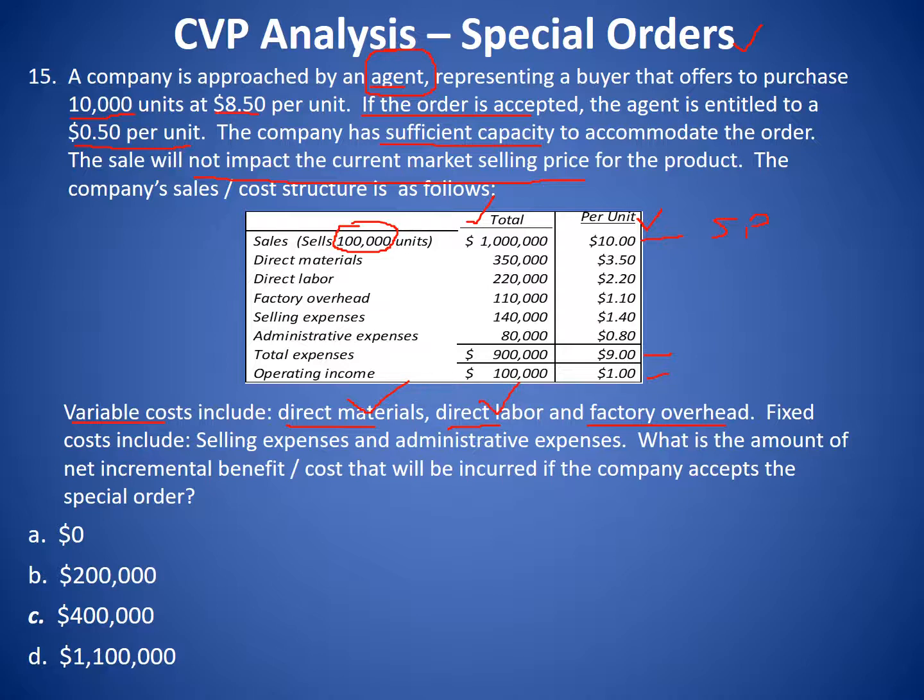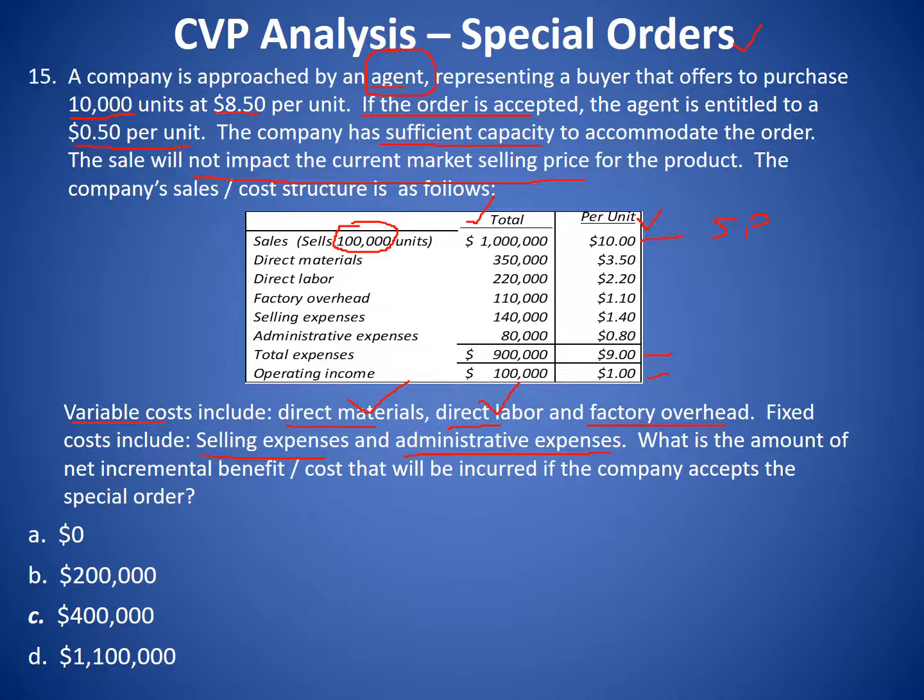Factory overhead may be fixed, or it may be variable, or it may have a component of fixed and of variable. It depends upon the problem. Fixed costs include selling expenses and administrative expenses. Most of the time, those costs are fixed, but be careful. There can be variable costs, especially in the area of selling expenses.